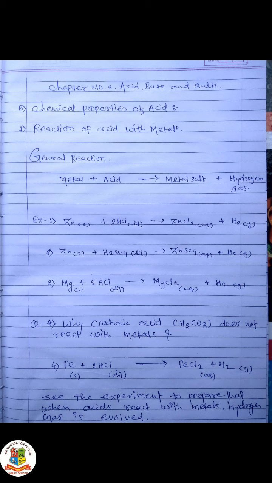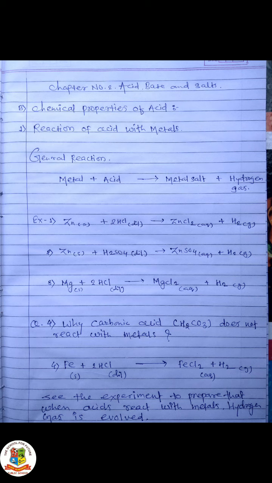Now today we are going to deal with chemical properties. Before that we saw the physical properties of acids. Now we are going to see the chemical properties of acids. So let's start. First property: what happens whenever acids react with metals.